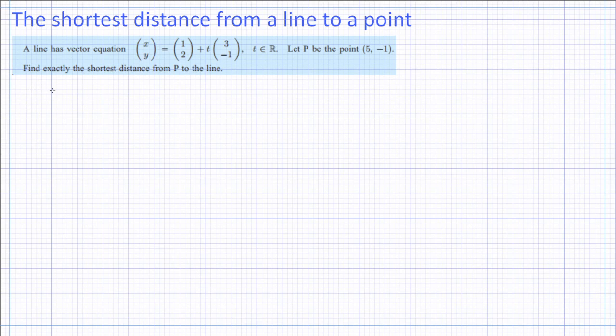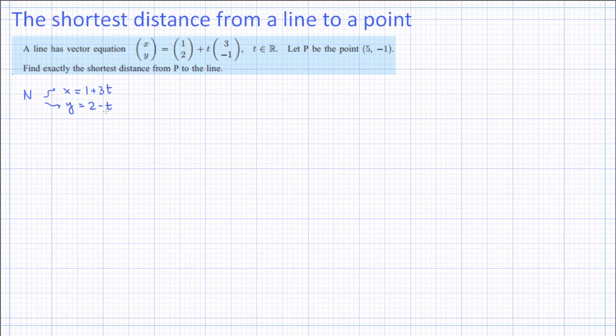So first of all, let's assume there's a point N on this line, and this point N for a certain t would have x equals 1 plus 3t and y equals 2 minus t.